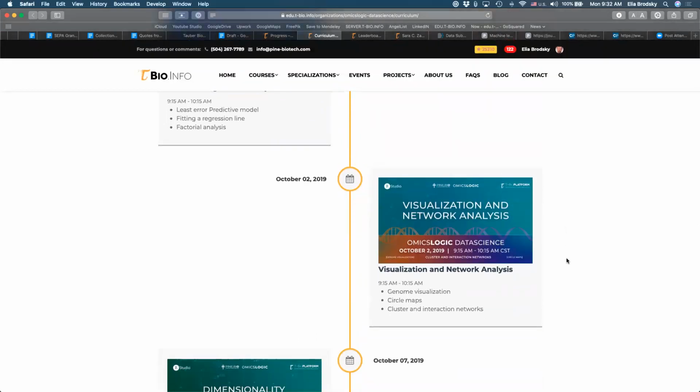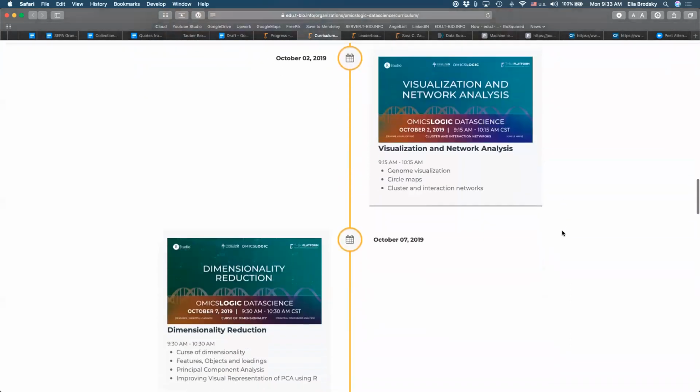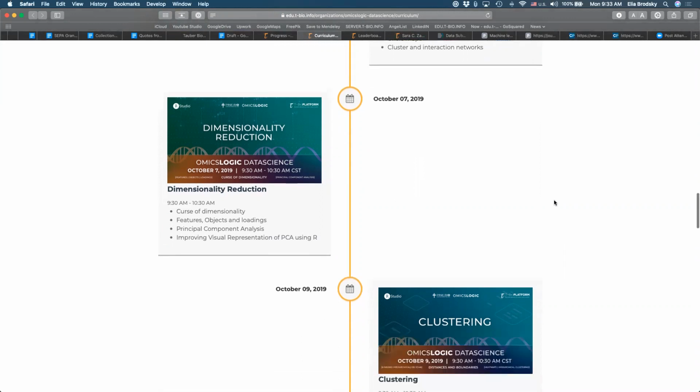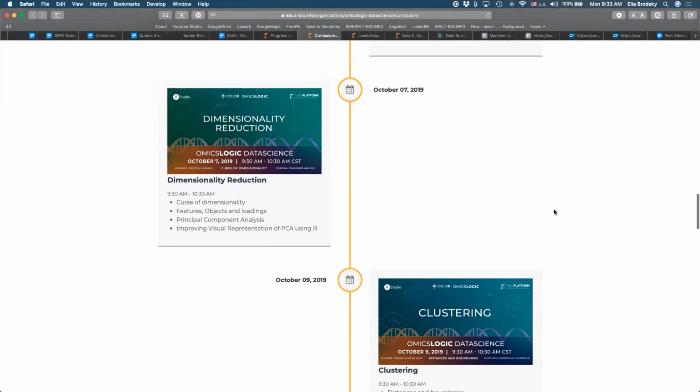Then we continued to learn about visualization and network analysis, where we look at the interaction between different features and place the data in the context of a network. We looked at dimensionality reduction, how we can summarize the data and extract the most informative aspects of the data, and we used principal component analysis to do that.